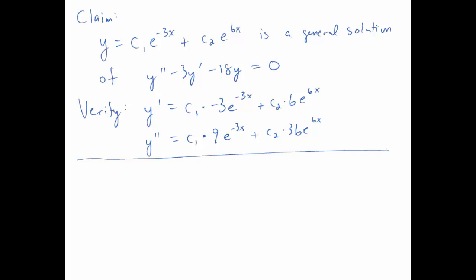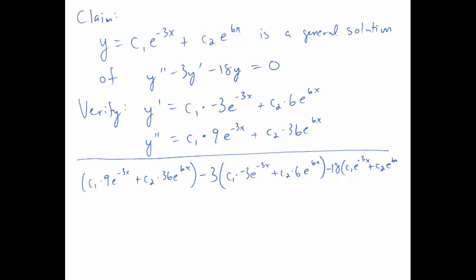All right, so now let's substitute into the differential equation. Y double prime, c1 times 9 e to the -3x plus c2 times 36 e to the 6x, minus 3 times y prime, c1 times -3 e to the -3x plus c2 times 6 e to the 6x, minus 18y, minus 18 times c1 e to the -3x plus c2 e to the 6x, equals 0.